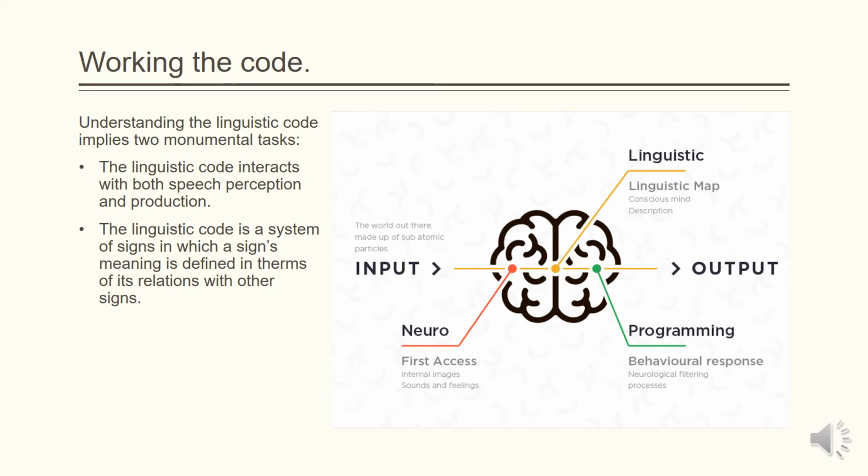And in the same way, when we are perceiving language, we need to understand the signs that the other person is producing. We need to hear them, understand them. We need to make an internal process in our brain and transform those signs that the other person is using into some meaningful message for us. So it is a very, very complex process, understanding the code.